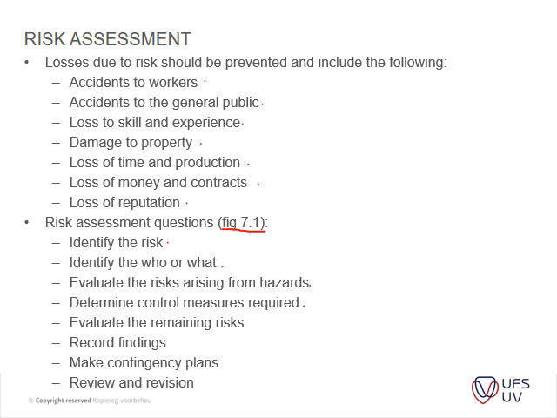Then you evaluate the remaining risks, and then you record your findings, make a contingency plan, and then constantly review and revise. These risk assessments are cardinal to health and safety.